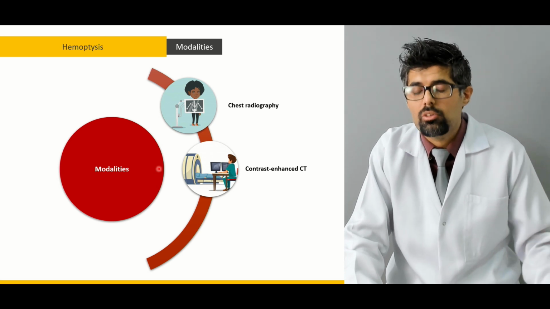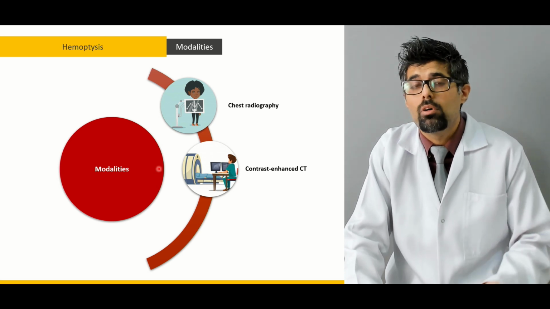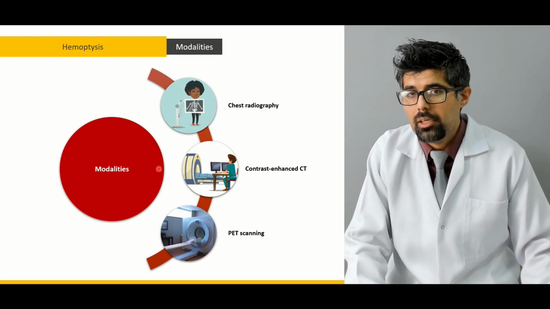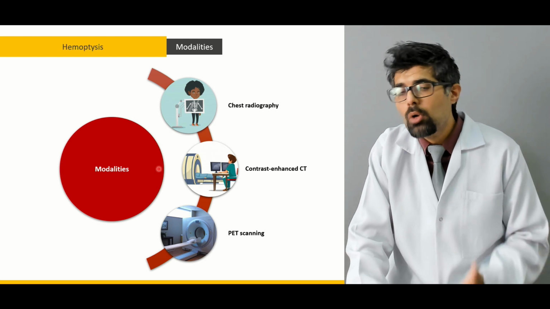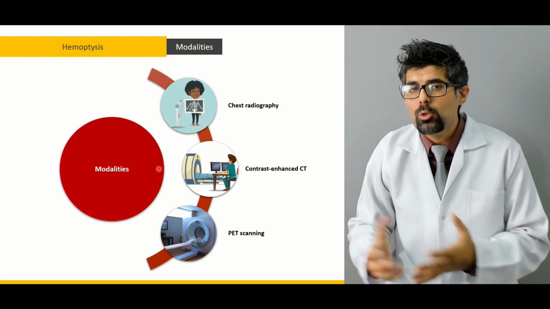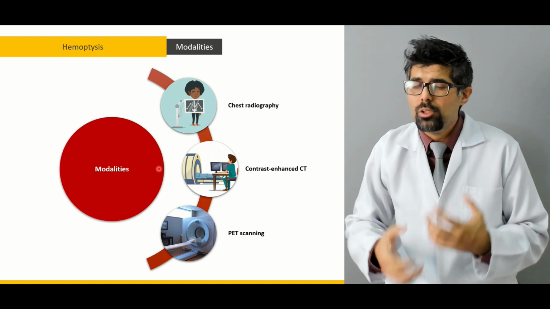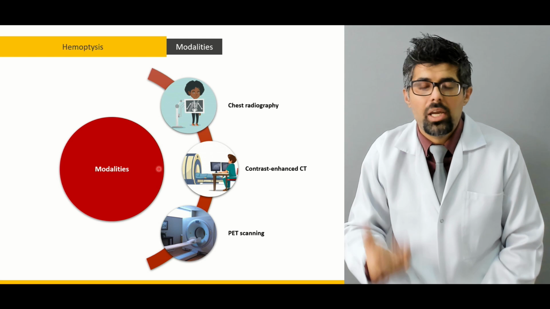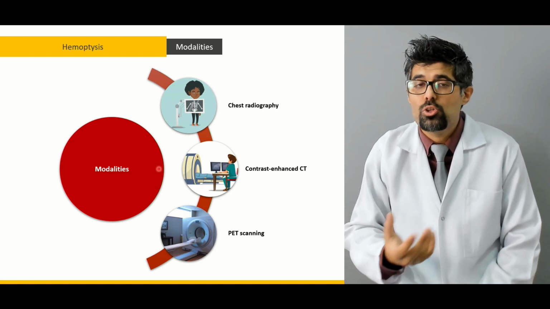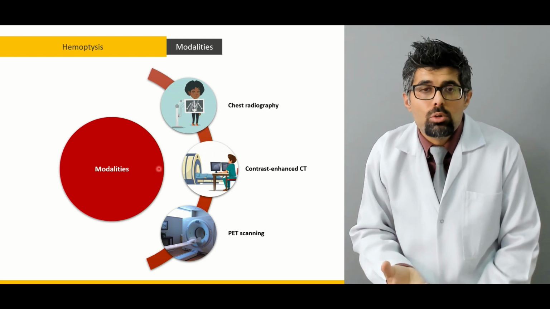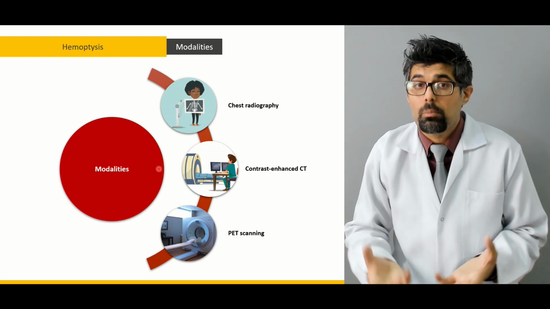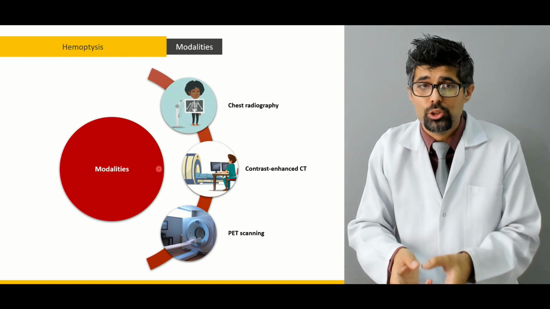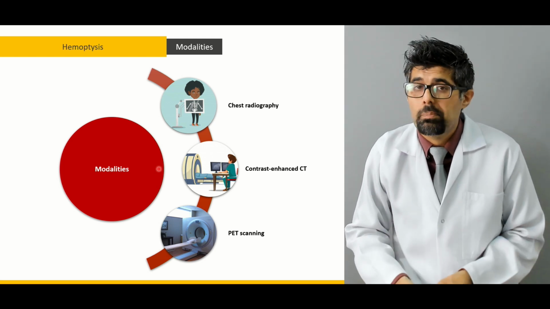the contrast enhanced CT scan for malignancies, or PET scanning. Now, hemoptysis due to malignancies usually does not give us a right away answer, a primary tumor. We usually get endotracheal tumors which are producing hemoptysis. So in order to diagnose those tumors, we resort to the PET scan.